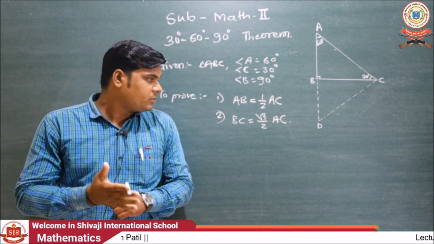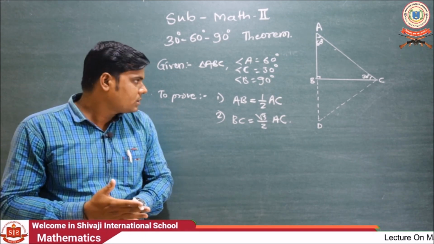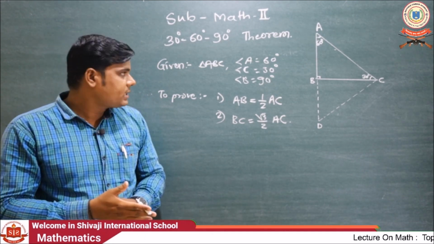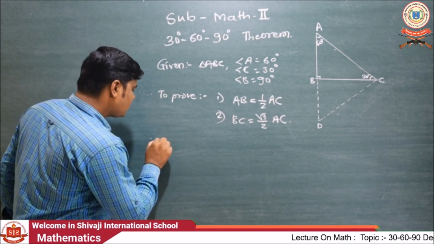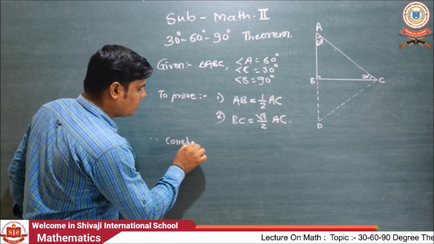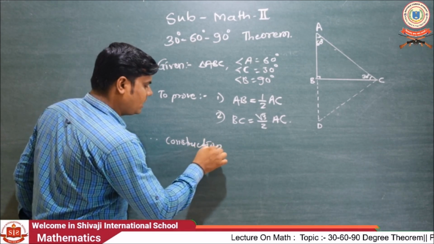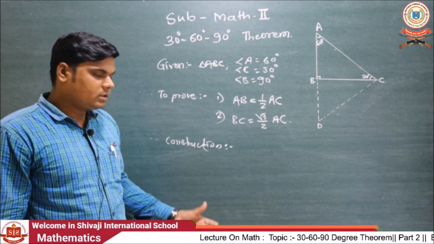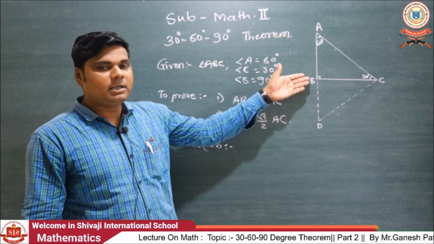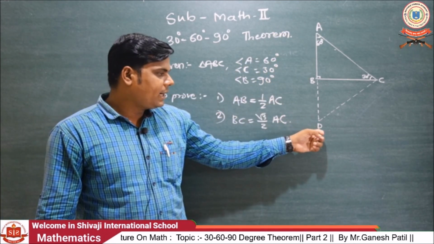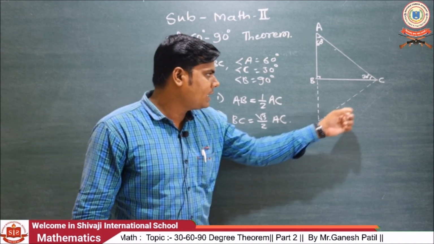Now we need the construction here, because we are going to explain the whole theorem, and construction is the most important part in each and every theorem. For the construction, we extend the side AB up to point D, and then join CD.